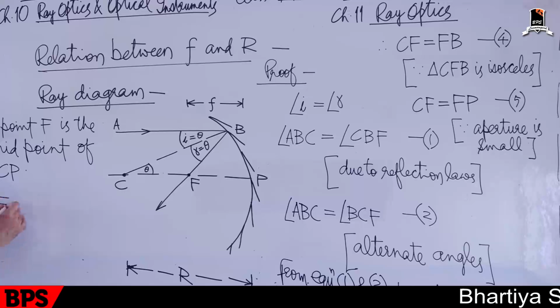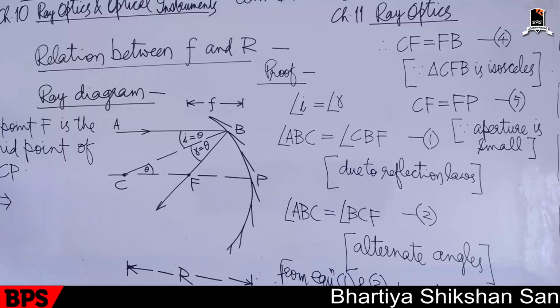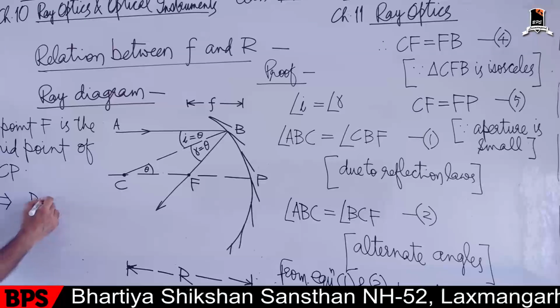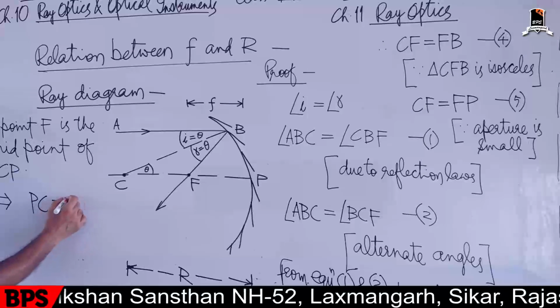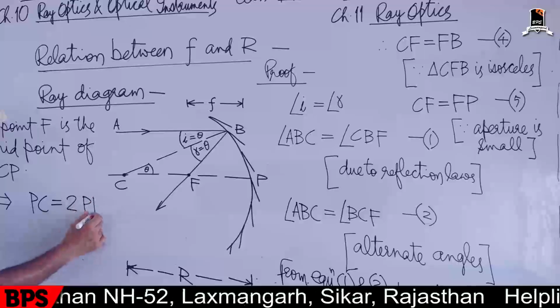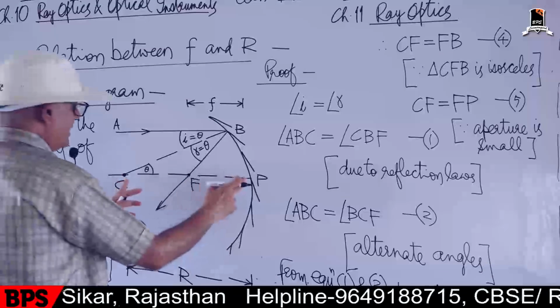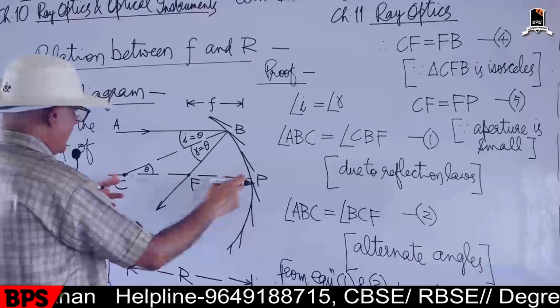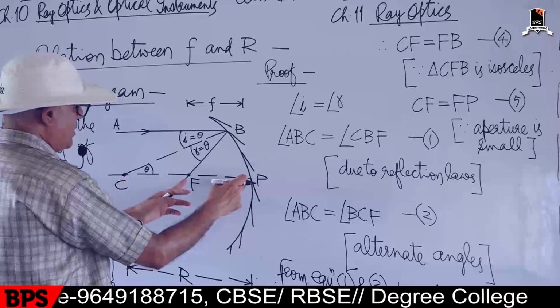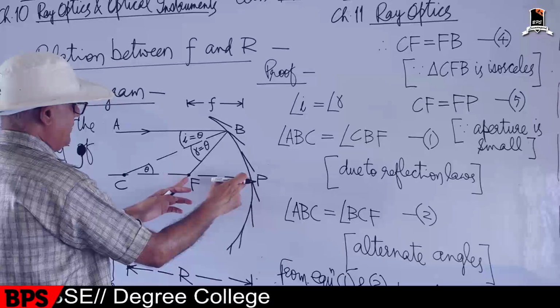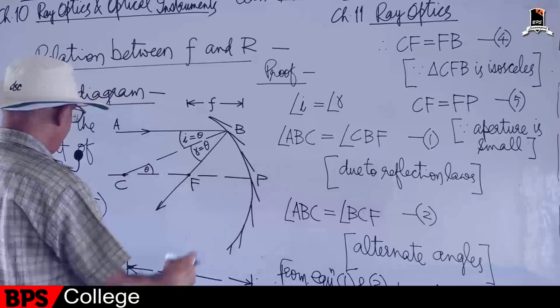This implies PC is equal to twice PF. Since F is the midpoint of CP, if we take twice the PF distance, then we get the CP distance.